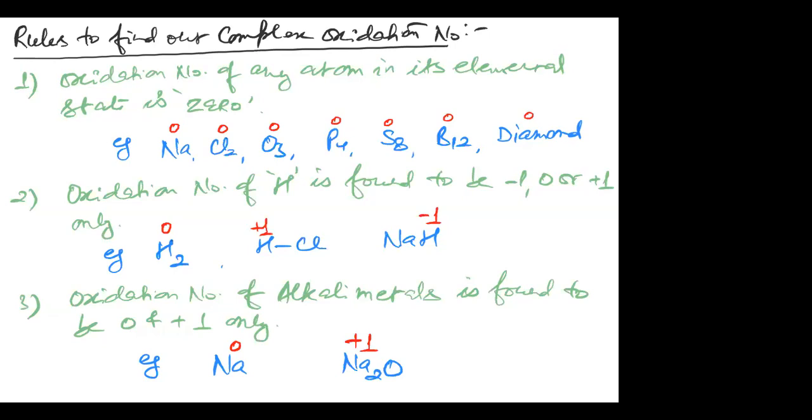Next, the fourth rule is the oxidation number of alkaline earth metals.